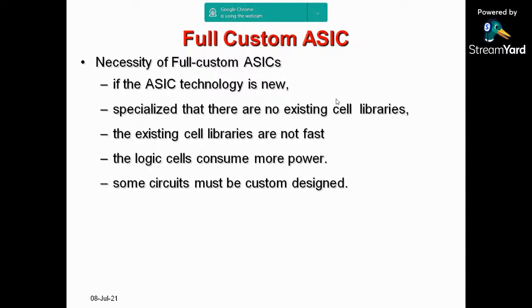So I need to build ICs when the technology is new and there is no existing library available, or if the existing cell library is not fast. All the gates, say flip-flops and counters, are available in the library. When I say library, don't think it's something physical. Physical, of course, only after manufacturing. Cells are available in a standard cell library. I'll show you what a standard cell looks like.